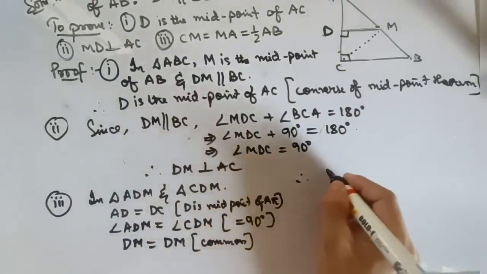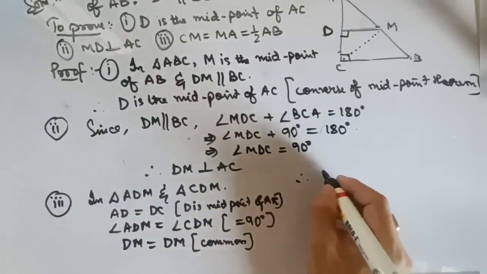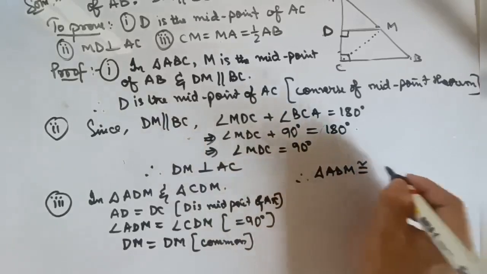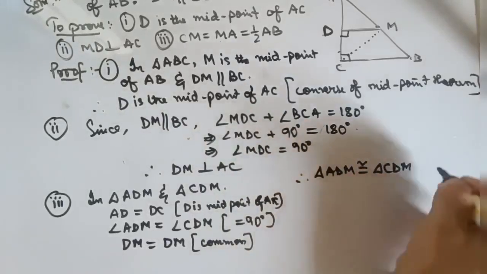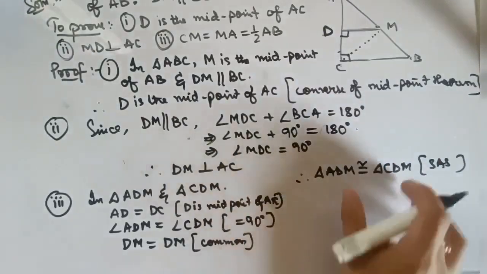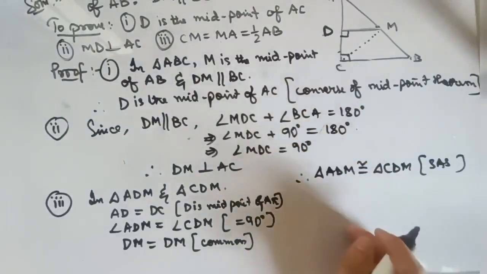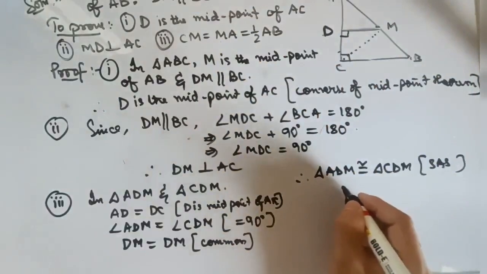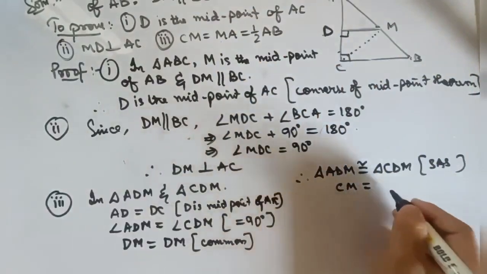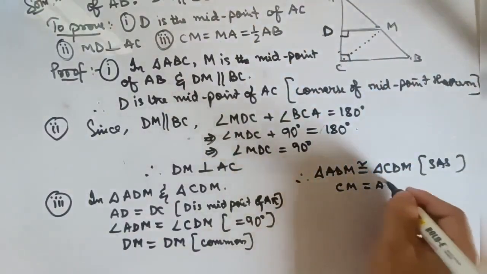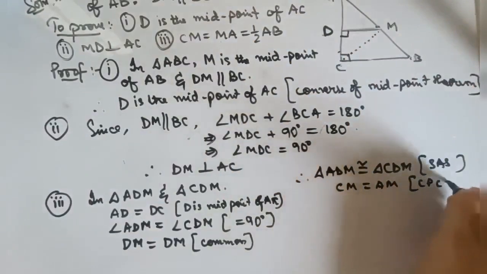Therefore, by the SAS congruence theorem, triangle ADM is congruent to triangle CDM. If these two triangles are congruent to each other, then we can say that side CM is equal to side AM, because these are corresponding parts of congruent triangles.